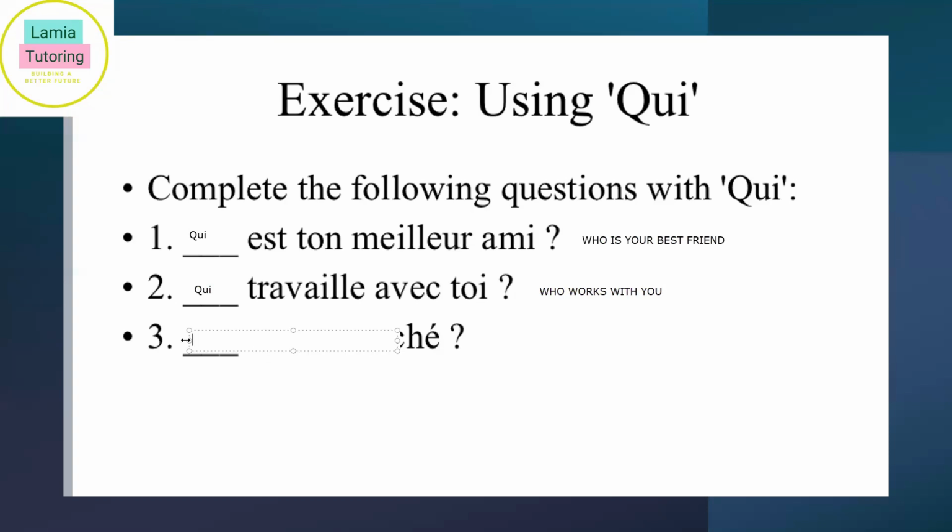And then the last one. Qui va au marché? Which means who is going to the market, the place? Who is going to the marketplace? I thought it means walking.